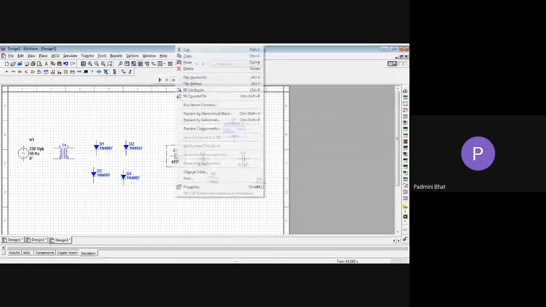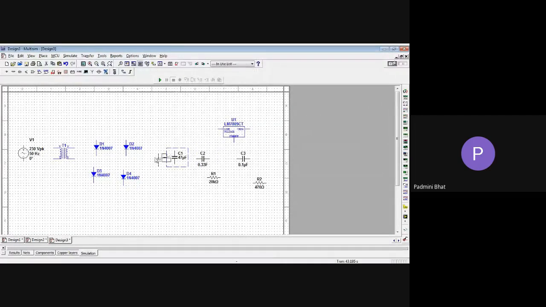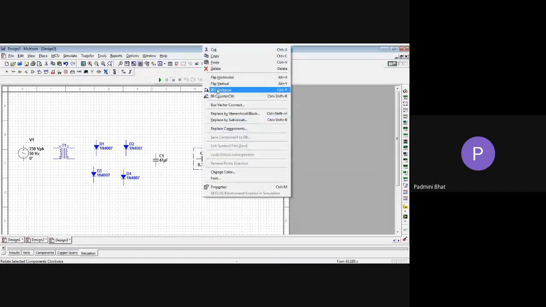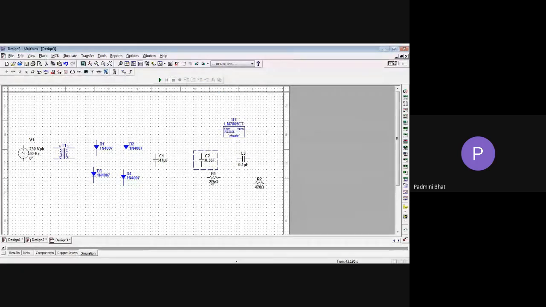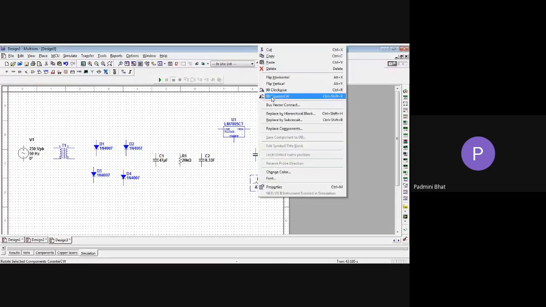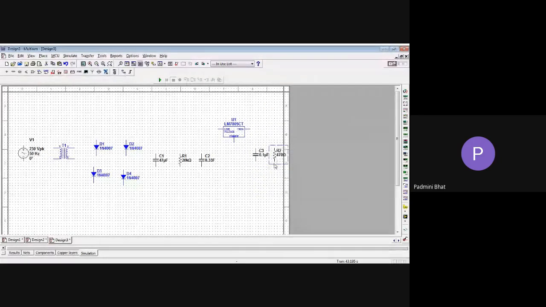Now the rest is connection. As per the circuit diagram, we will do the connection.